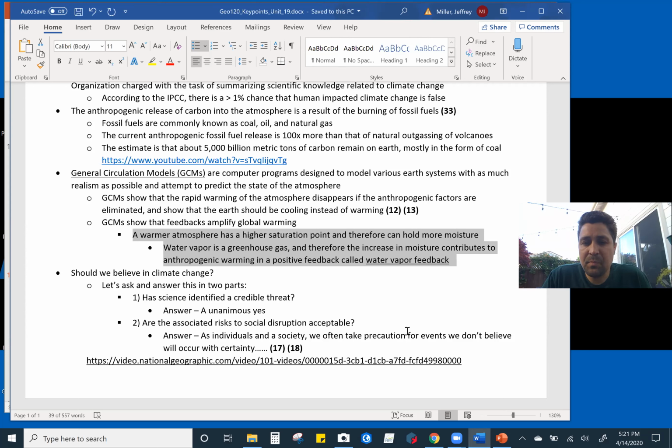And so that means if the temperature gets warmer, the saturation, how much water it can hold, can increase, meaning that if it holds more water, the temperature is going to get warmer, and so this is like a never-ending cycle, almost, in a sense. So this increase in moisture contributes to anthropogenic warming. We call that a positive feedback called a water vapor feedback. Okay, the water vapor feedback. All right.